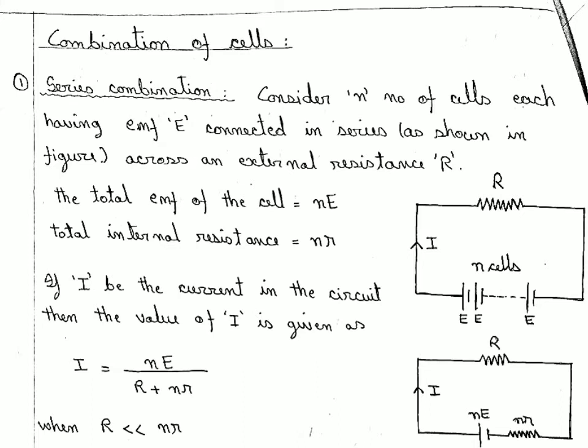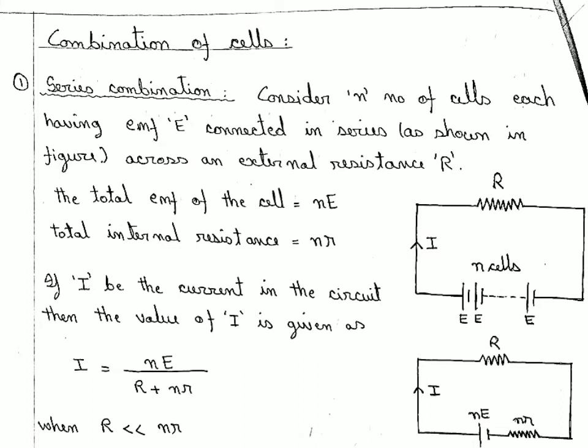The negative terminal of one cell is connected to the positive terminal of the next, and the combination is connected to an external resistance capital R, and here a current I is flowing in this closed circuit, and the equivalent diagram is shown below.